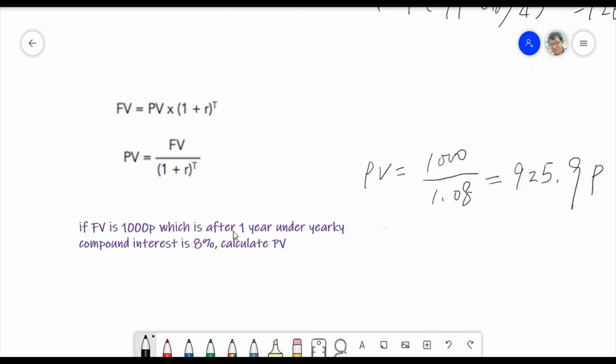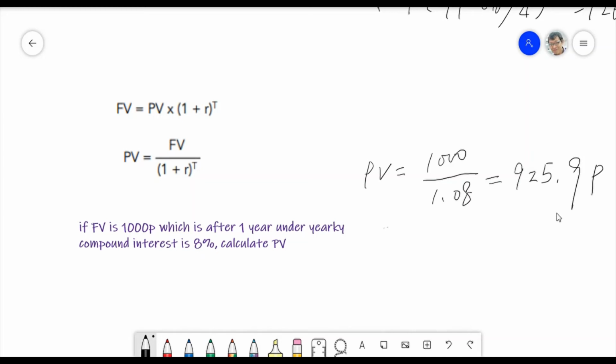If FV is 1,000, which is after 1 year, and yearly compound, remember those concepts, 8%, calculate PV. Based on the formula, FV is 1,000 divided by 1.08. T is 1 year, so the PV we finally calculate is 925.9 pesos.